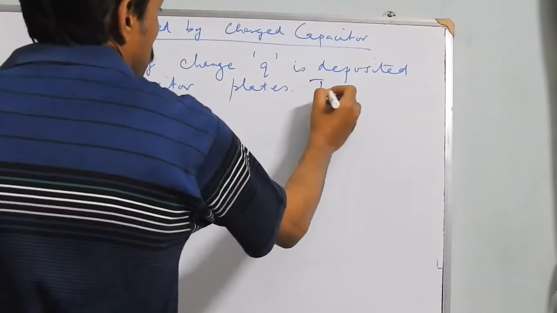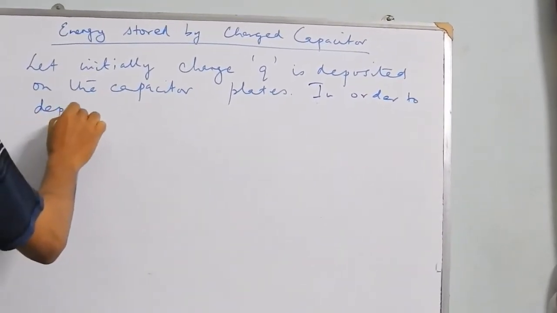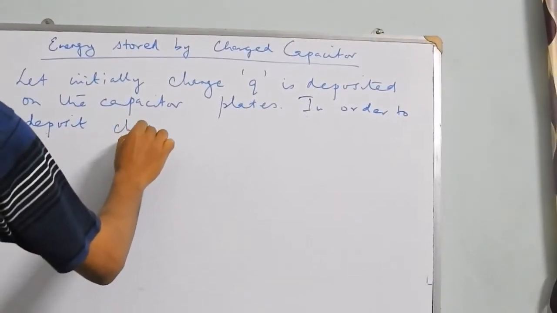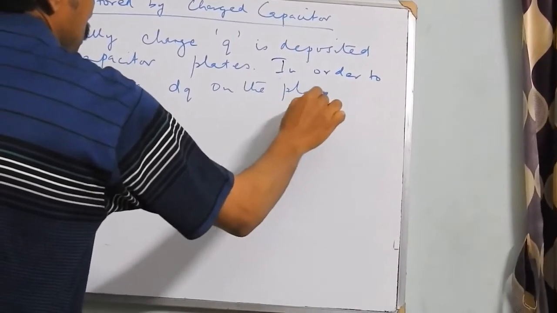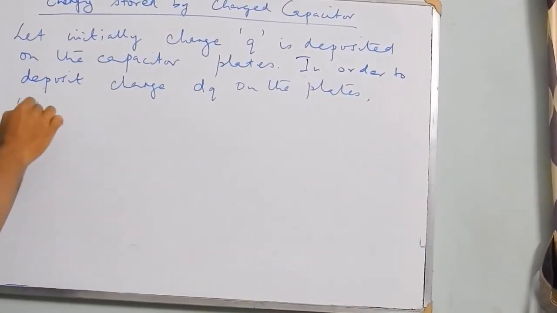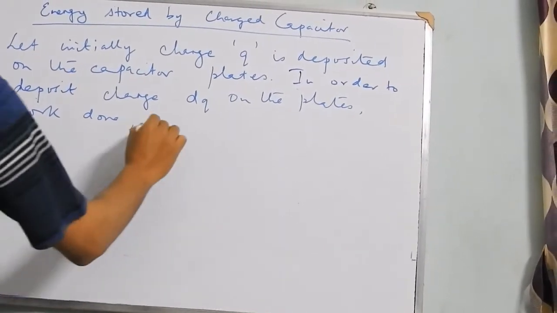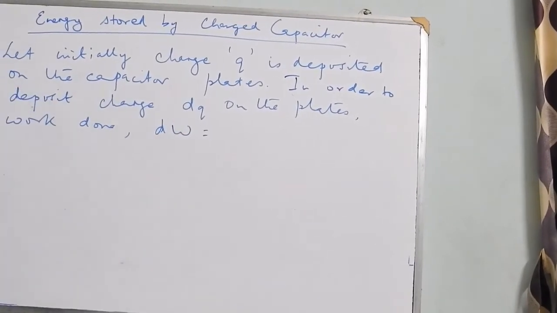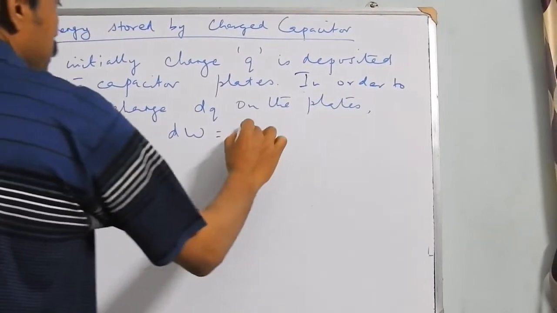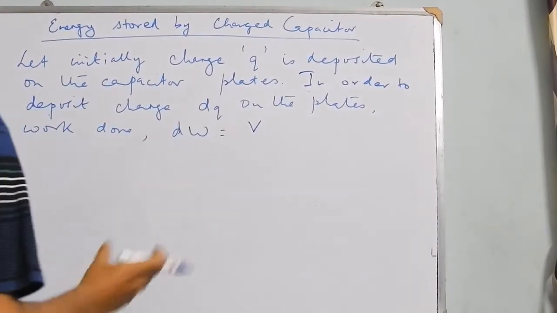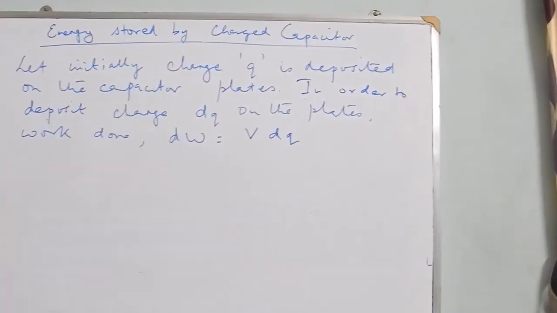So in order to deposit charge dq on the plates, a very small amount of work done is dW, which is equal to the potential difference between the plates when charge q was present on them, that is V, into the additional charge that we are trying to deposit, that is V dq. And this work will be stored as potential energy.